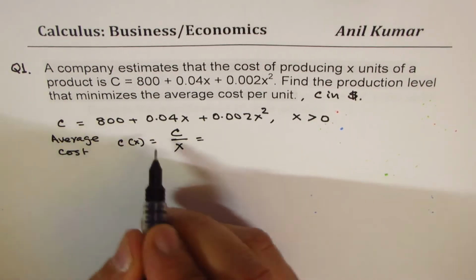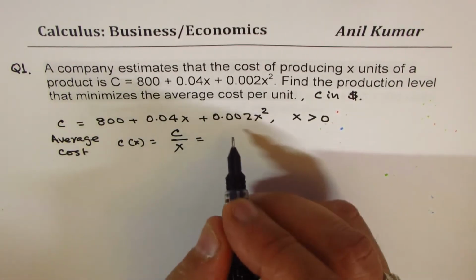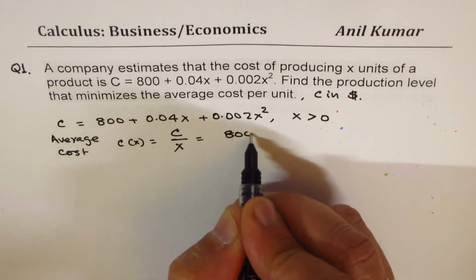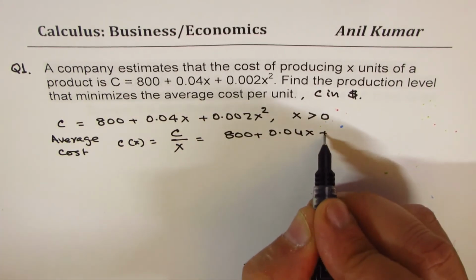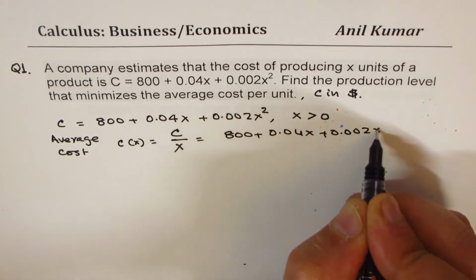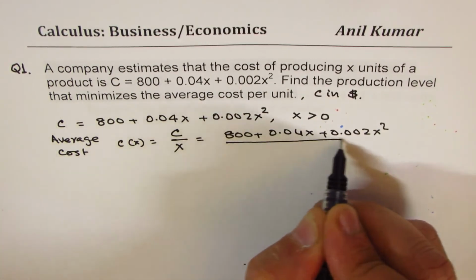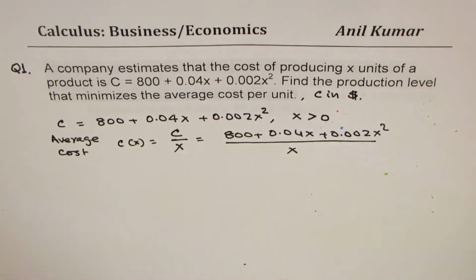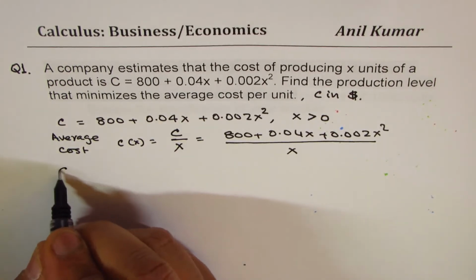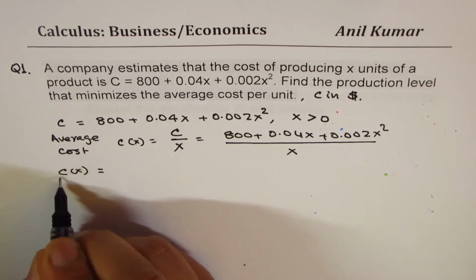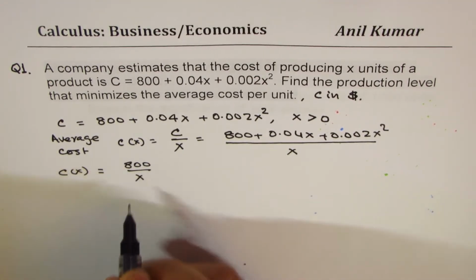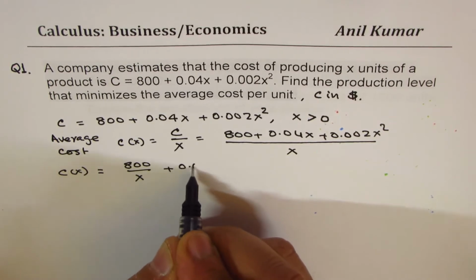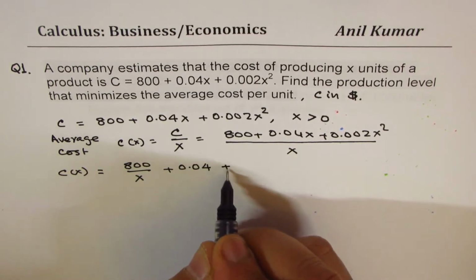So we can find average cost from the given cost as 800 plus 0.04x plus 0.002x squared, divided by x. That becomes the average cost. So we can rewrite here the average cost. I'm using lowercase c for this. We get 800 over x plus 0.04 plus 0.002x.